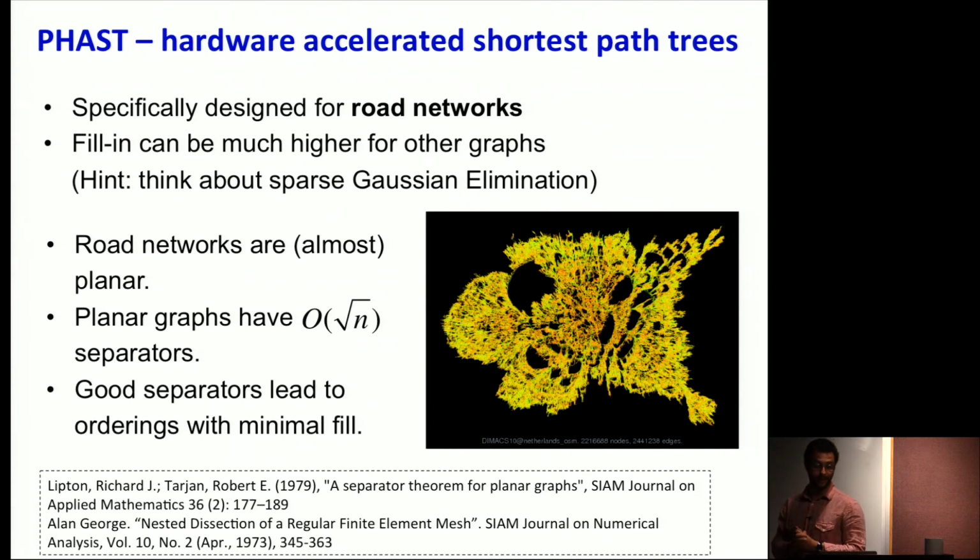You can bound the fill pretty nicely using that theorem. What that says is this algorithm would probably not work on graphs that don't have good separators, like social networks. There would be so much fill that all the advantages of the linear sweep are lost. But it's a good algorithm where it works.